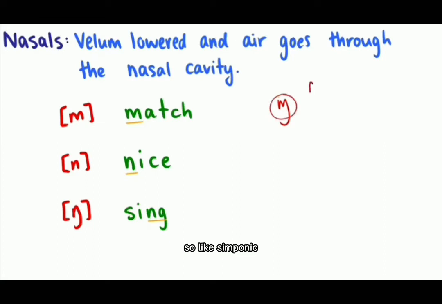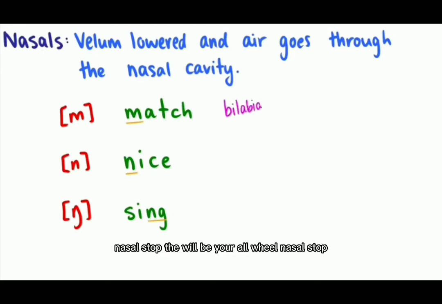So like in symphony, it will be there. But we won't necessarily focus on that. That's more for advanced phonological things. So the first is your bilabial nasal stop, the next will be your alveolar nasal stop, and then the last will be your velar nasal stop.